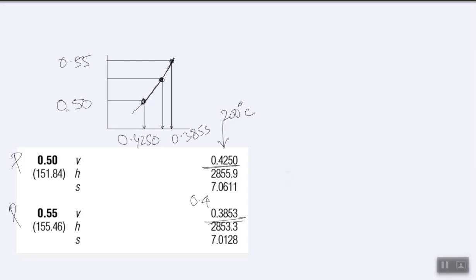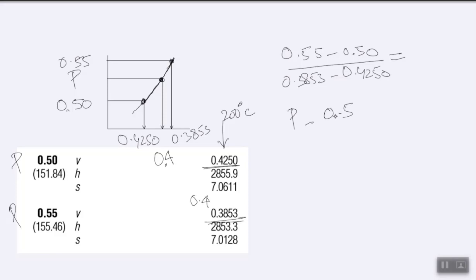And obviously at 0.4 volume, we are looking for the pressure. Same thing would happen here, so again we will use the slope formula: (0.55 minus 0.50) divided by (0.3853 minus 0.4250) should be equal to (P minus 0.5) divided by (0.4 minus 0.4250).